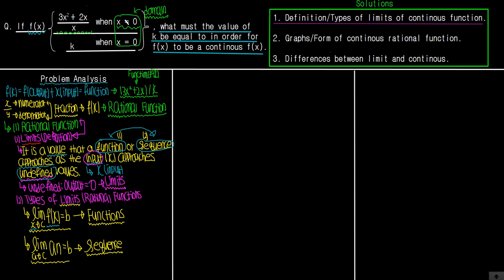And if we add these two types, the function and the sequence, we can call it the total types of our limits in our rational function. Now, the most fundamental difference between the function and the sequence formulas of our limit is their output and input.